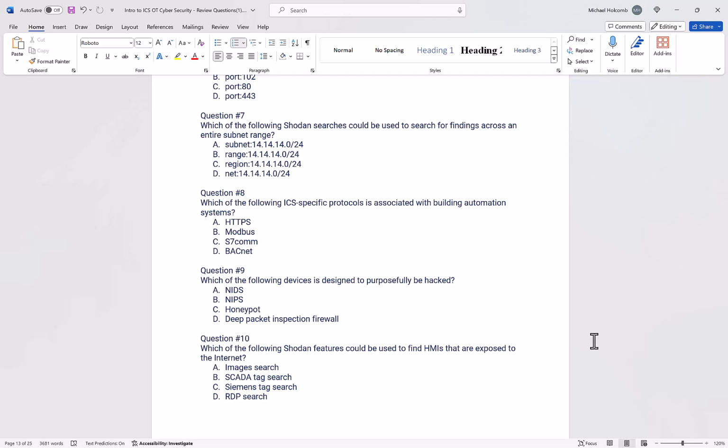Question 9, which of the following devices is designed to purposely be hacked? And that's a honeypot. It's a system that we put on the network to watch or let attackers come after it. Usually if we put it on the internet, we want it to be attacked. We want to watch what attackers are doing to learn about how they are attacking. If we have it on the inside of the network, it's more of an incident detection tool.